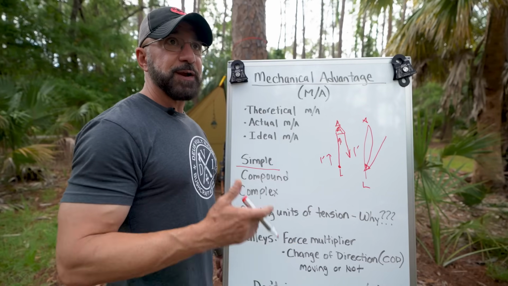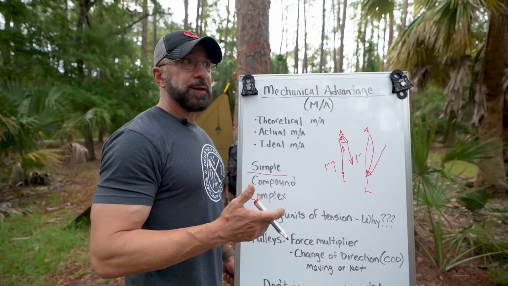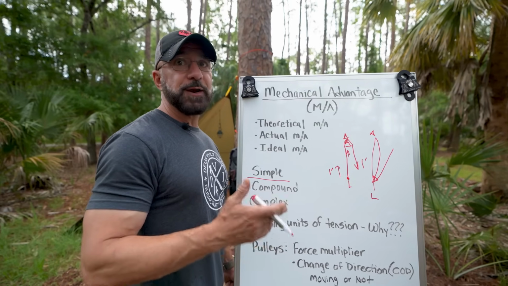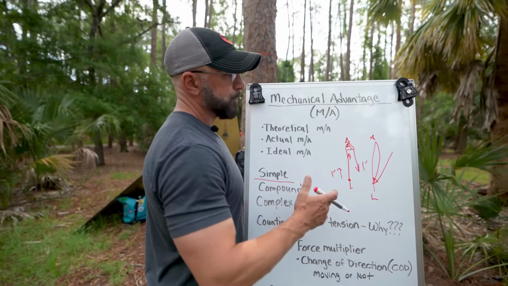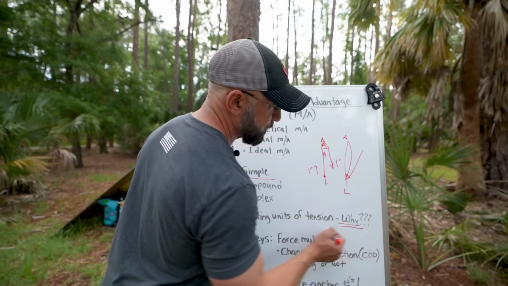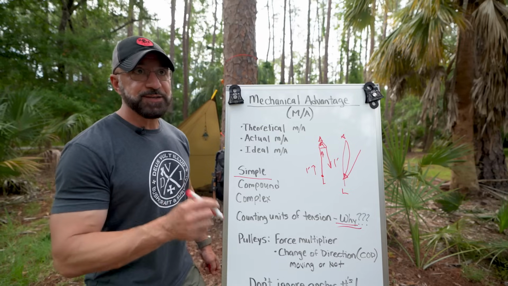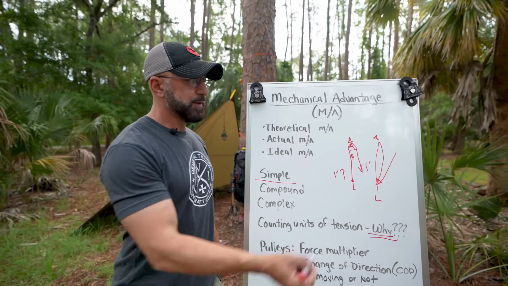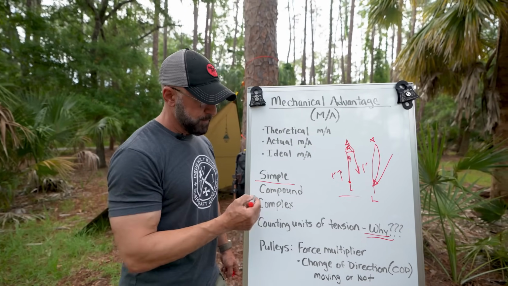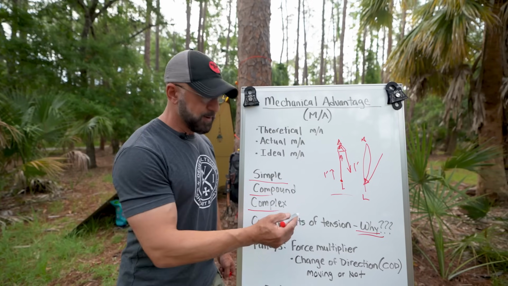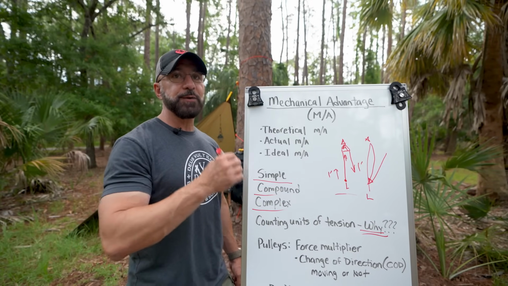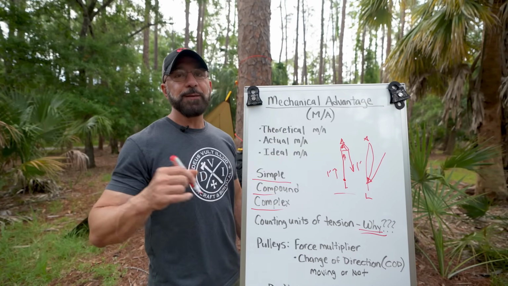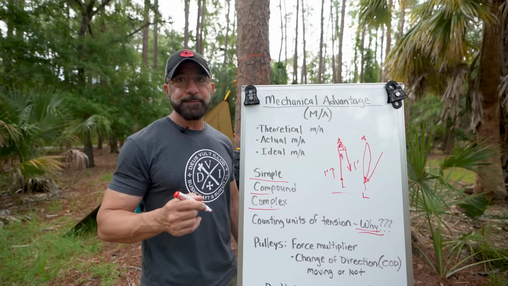It's like trying to learn how to spell a word without knowing what the letters are. So this gives us the education and understanding in mechanical advantages that we can build anything from a simple system to a compound system to a complex system, knowing the theory behind it and not knowing how to memorize a pattern of ropes.